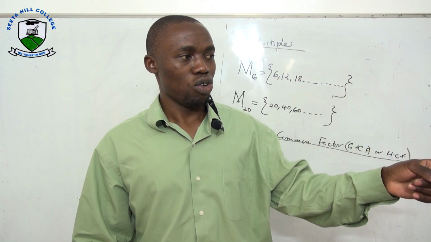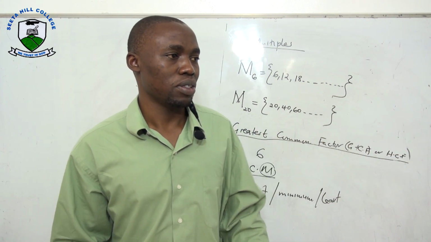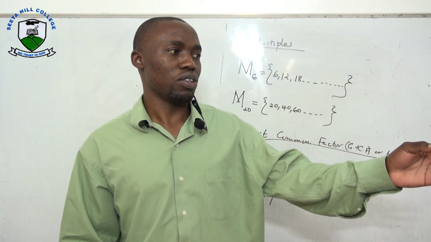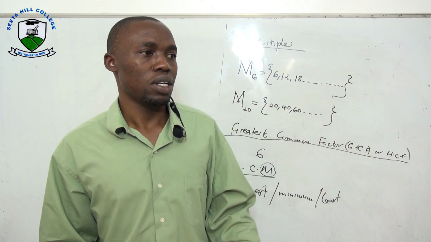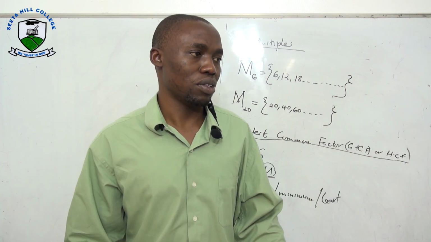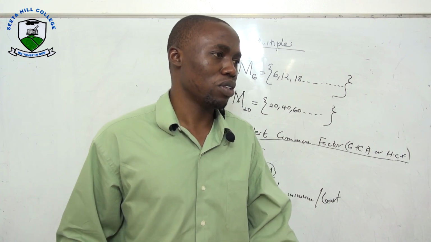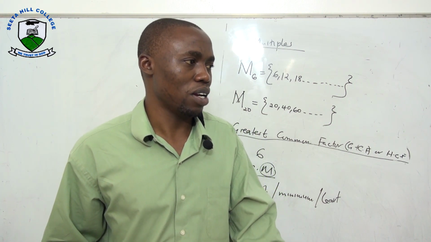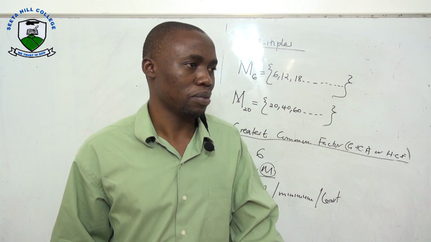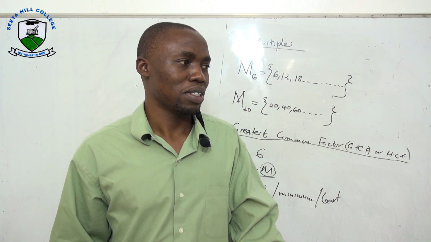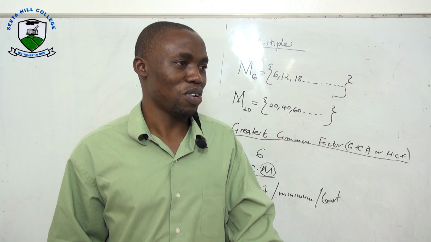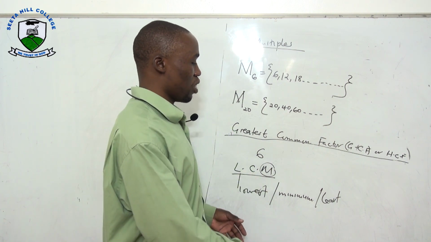You are doing a job together. She washes 20 clothes, you wash 10 clothes. What is the minimum number of clothes that you can wash when you are together?